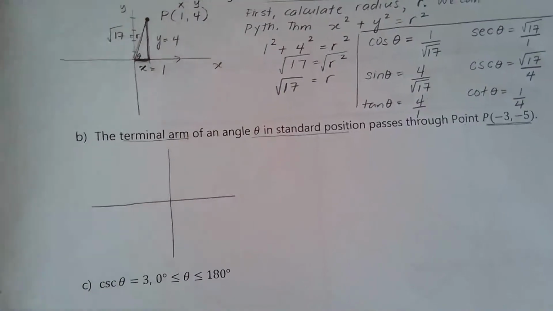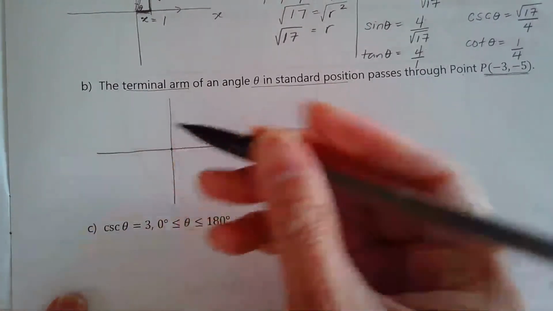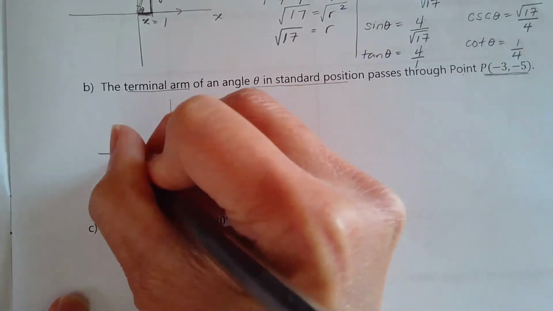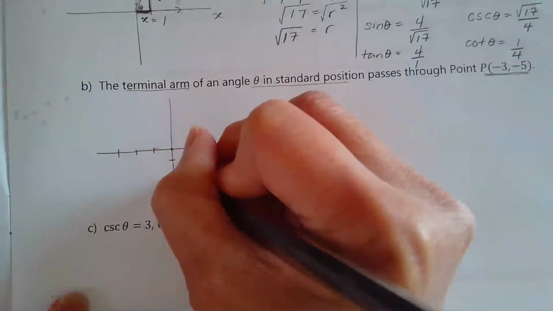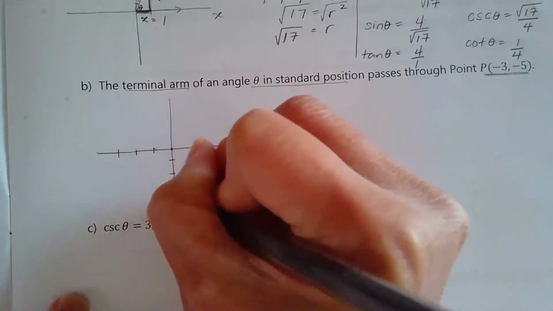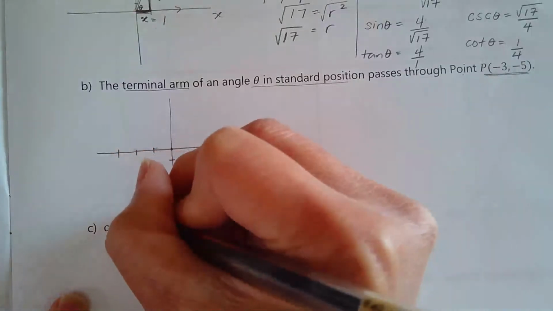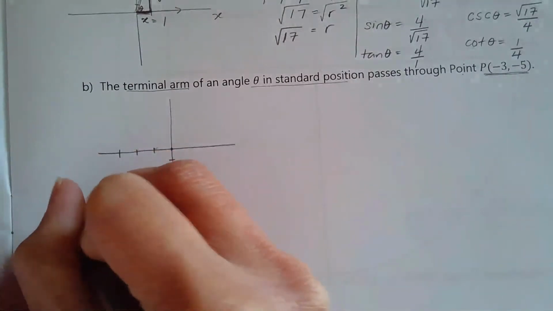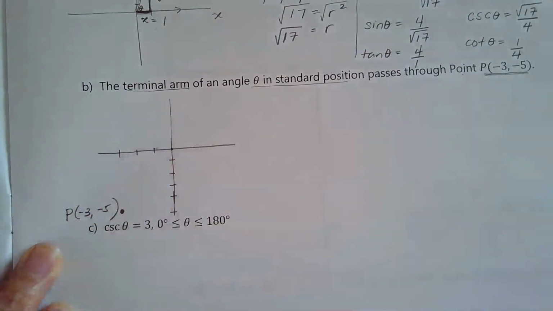That's 0, 0. So negative 3 on the x: 1, 2, 3. And then negative 5 on the y: 1, 2, 3, 4, 5. So this is the point negative 3, negative 5.